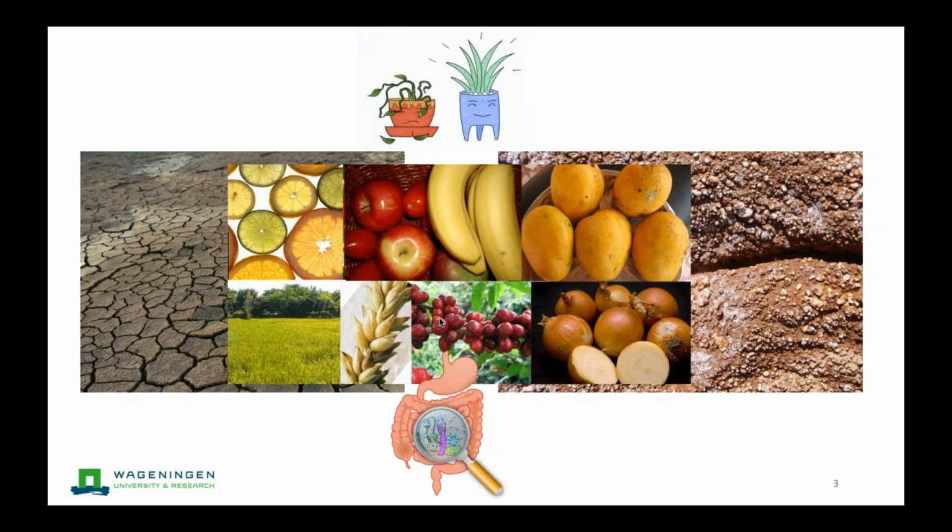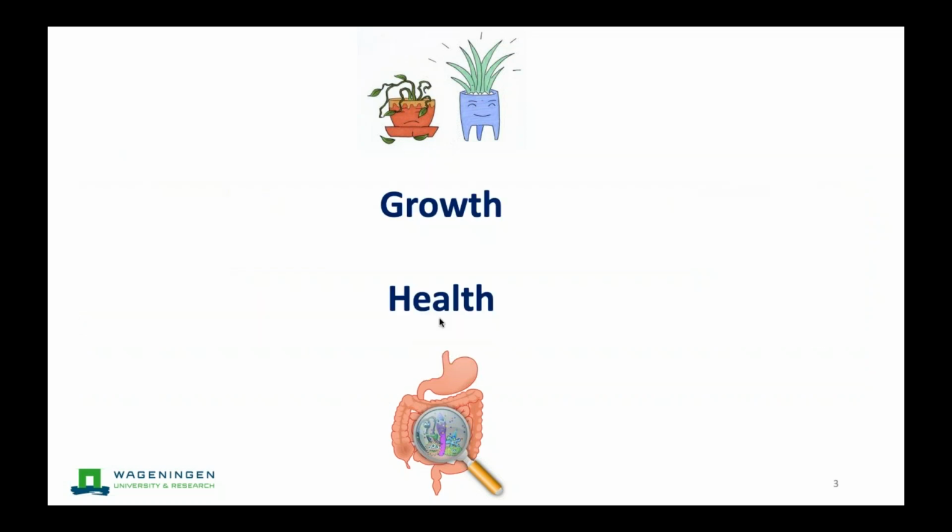Another emerging field is the plant microbiome field, where we start to realize that many plants are dependent on microbiomes that form a layer around the roots and even live inside the plant to sustain it and help fight off pathogens. So now we know that plant growth, health and nutritional value are all very important topics.